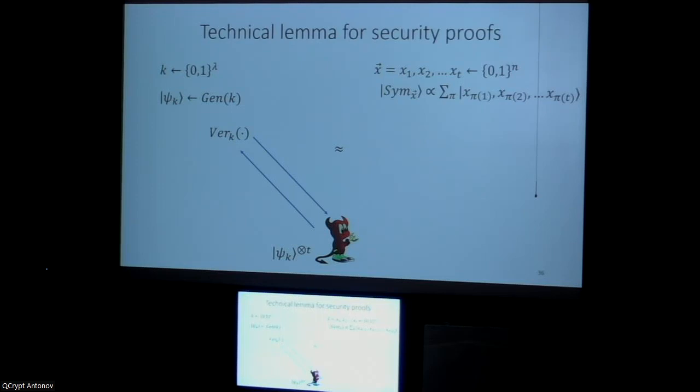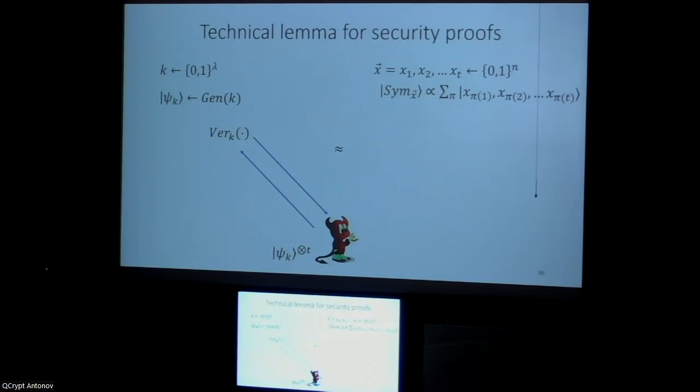So you permute x_1 till x_t in an arbitrary manner, and you take the superposition of all of them. This state is a symmetric state, meaning that if you permute any of those n-qubit registers, the state remains the same. And you might have seen this earlier: this is exactly like simulating t copies of a Haar random state, because t copies of a Haar random state can be seen as a uniform mixture of these Sym_x.